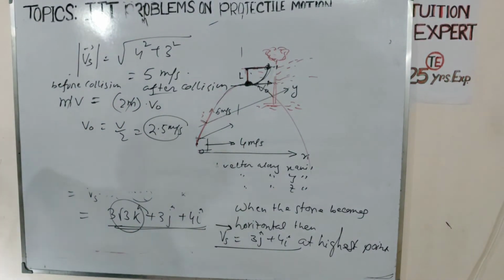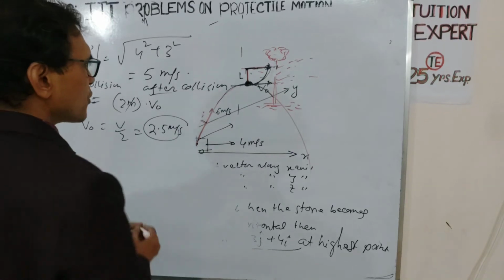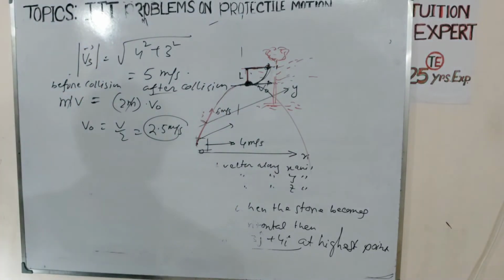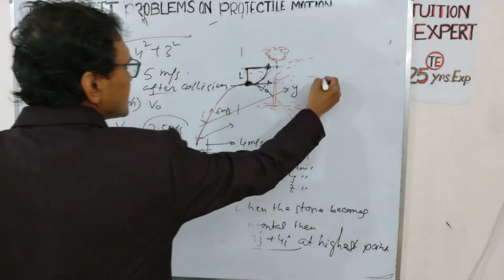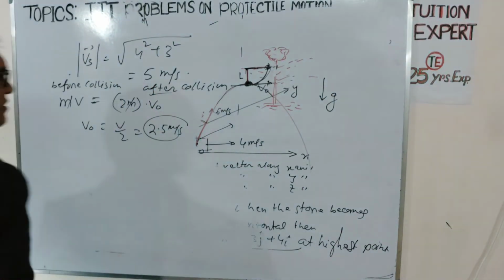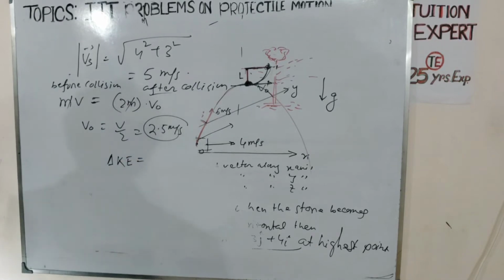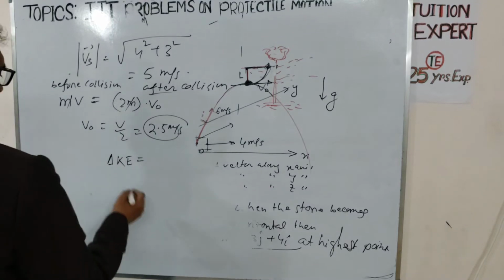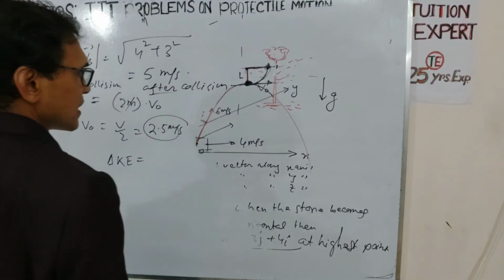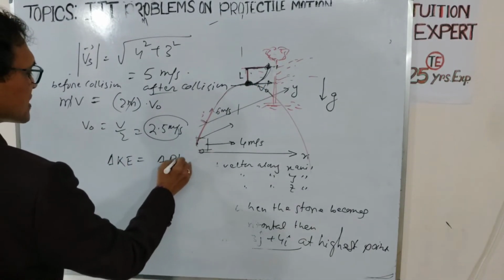Now the motion of the combined body will be in a vertical plane, so it moves against gravity. Energy is conserved under the gravitational field. So change of kinetic energy equals change of potential energy.